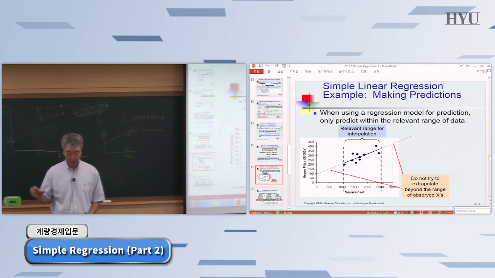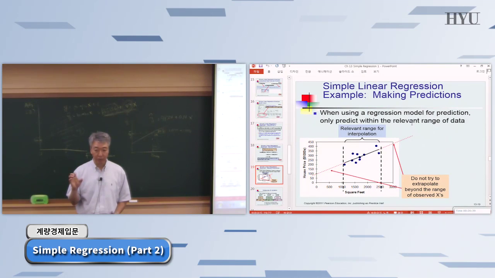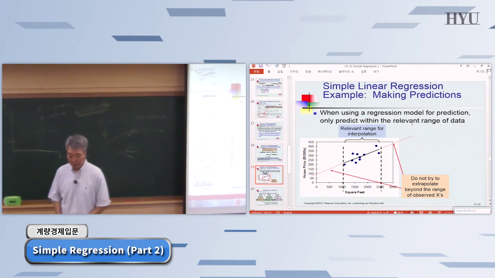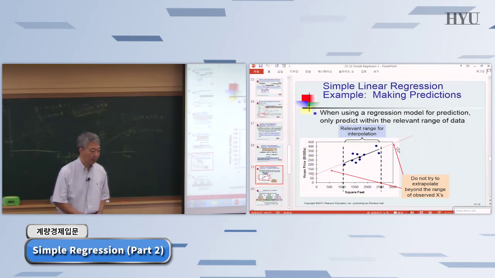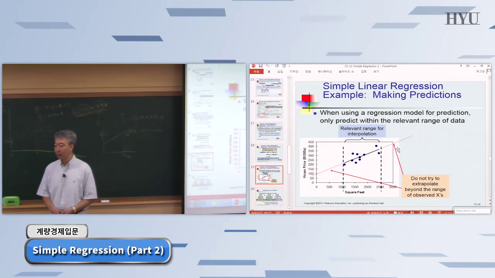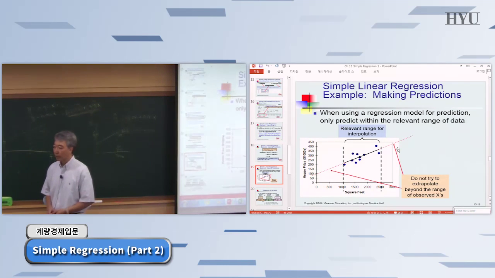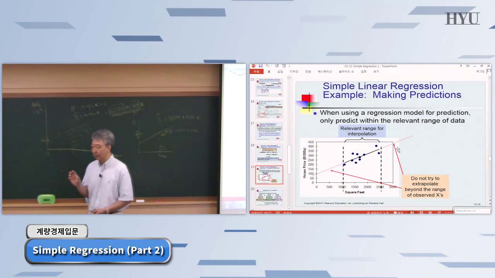So your estimation will be valid within that range. Outside the range, try not to extrapolate, because we have no idea what's happening outside this range. The actual regression may go up this way or down this way. We have no data. So always remind yourself the prediction and interpretation are valid only within the range of the data.